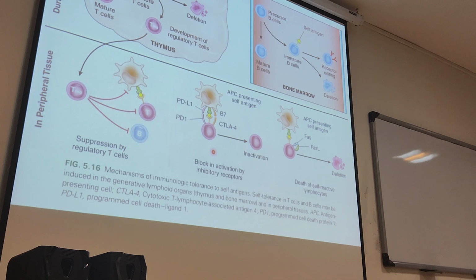And if a T cell recognizes self-antigen, there are some inhibitory molecules on its surface. For example, which molecules? PD1, CTLA4, which inhibit signal 2 transduction, okay? So it causes inactivation of the immune response.